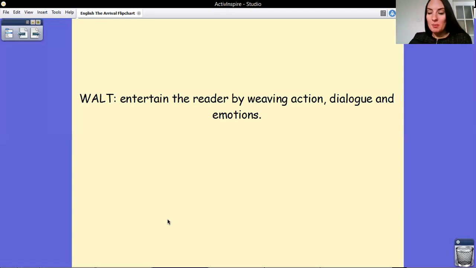Are there parts that you could maybe add a little bit in, or could you actually improve the dialogue? Think back to those reporting clauses that we just looked at then. Instead of saying said or shouted, is there another way the character could have spoken that's a little bit more interesting? So remember, when you're looking for swapping words out, you can use a thesaurus for that, looking for synonyms, which are words that have the same meaning, but obviously a variety of words.